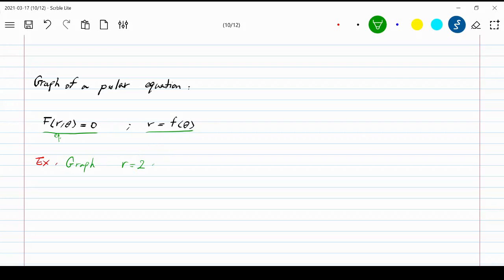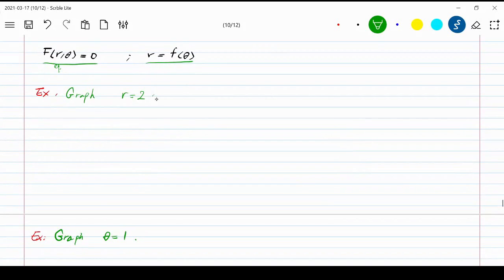For example, if you look at this graph, r equal to 2, you have no information about theta. What does this represent? Which points have radius equal to 2? Length 2, with no information about theta. This point has radius 2. How about this point with length 2?